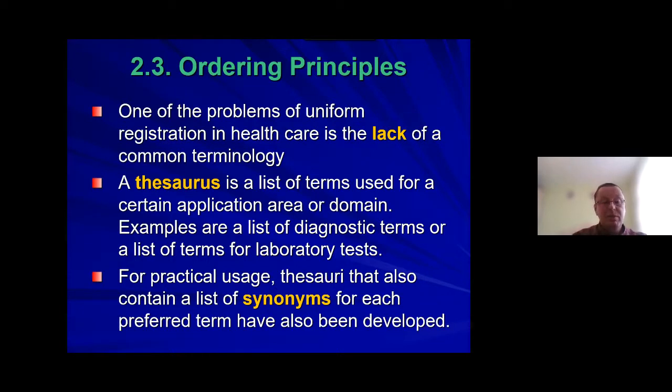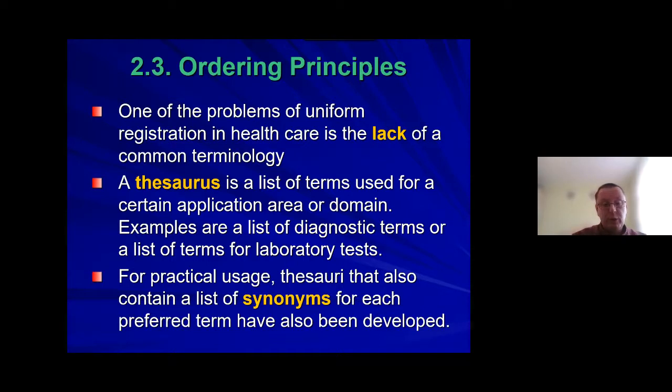One of the problems of uniform registration in healthcare is the lack of common terminology, or some inconsistency in terminology. And here we need to use a specific thing called a thesaurus, which represents a list of terms used for a certain application area or domain.